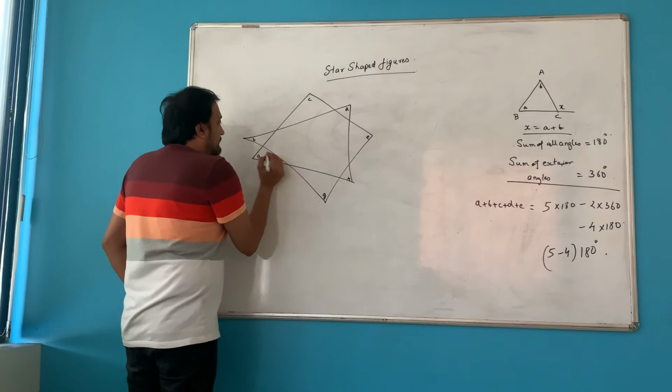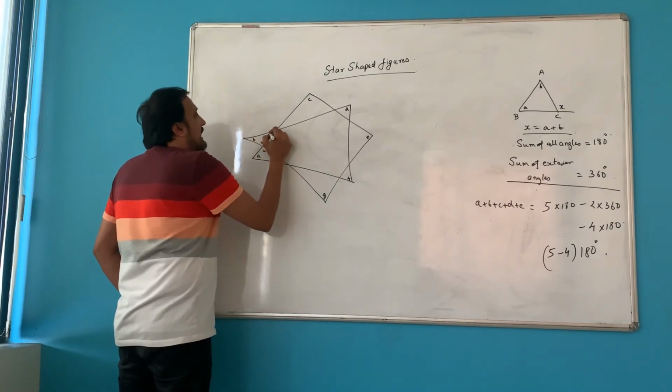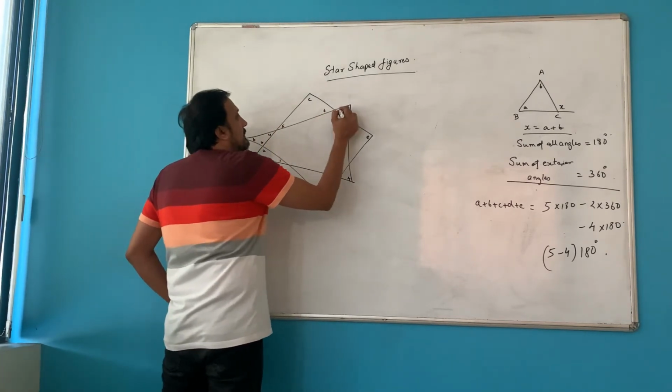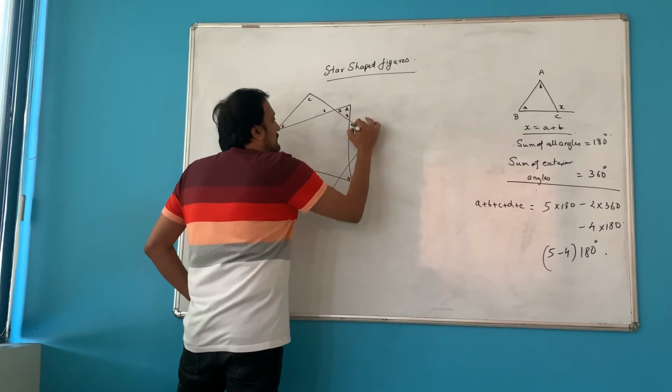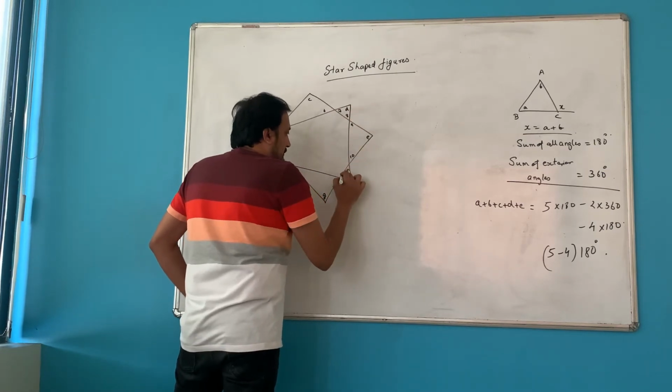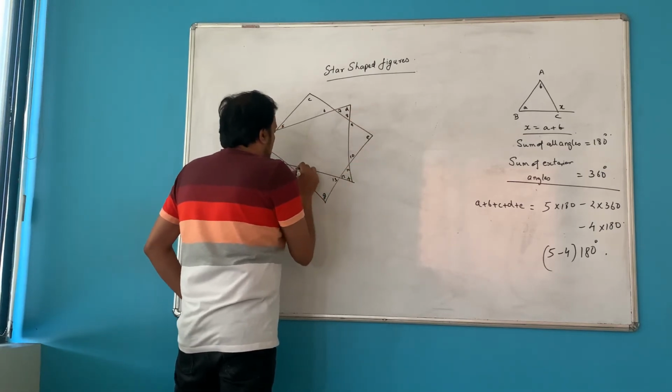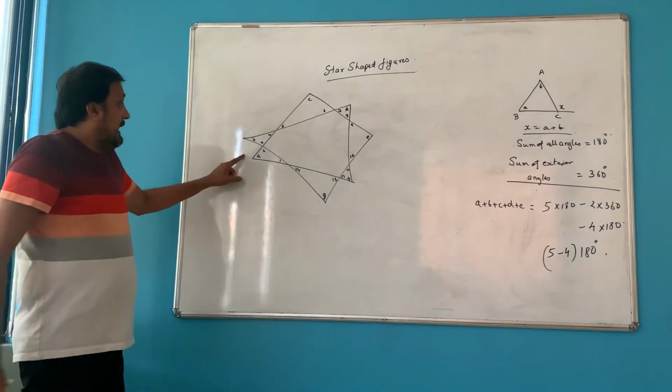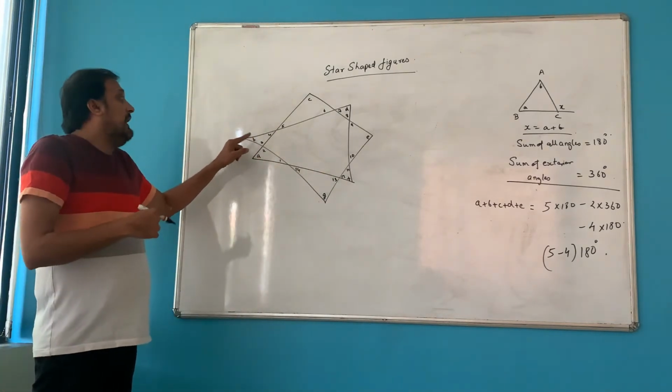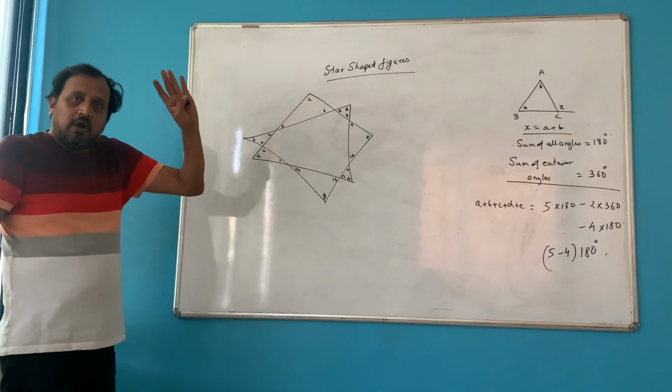Let's have your extra angles. Again, A plus 1 plus 2 is 180, B plus 3 plus 4 is 180, and so on, all of them will be 180.